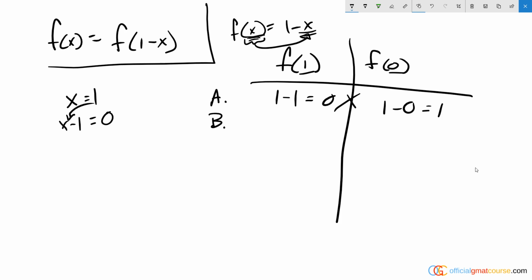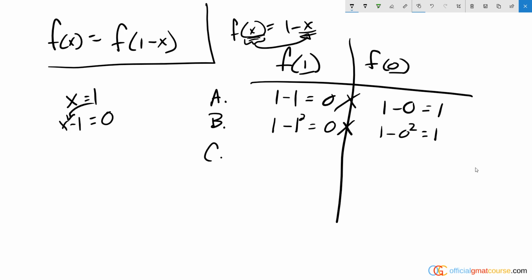Answer choice B is 1 minus x squared, which is going to be 1 minus 1 squared, which is just 1 minus 1 is 0, and 1 minus 0 squared, which is 1 minus 0, which equals 1. Don't get confused. 0 squared is still 0. Any number to the 0 power is equal to 1, but that's a completely different rule. So these two are obviously not the same, which brings us to answer choice C. x squared minus 1 minus x, all of that squared.